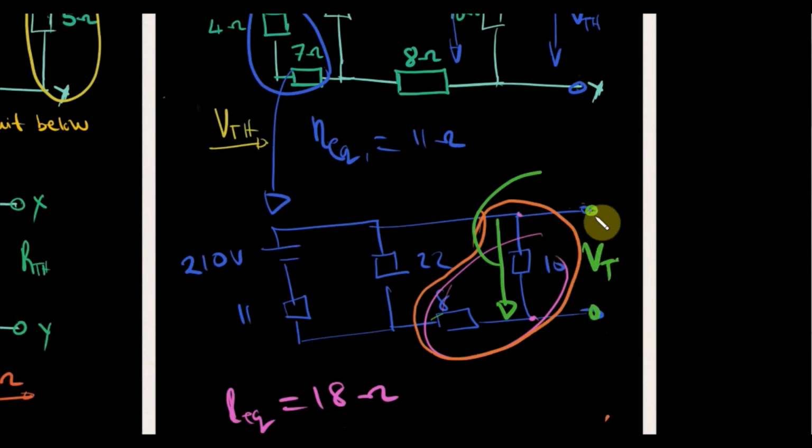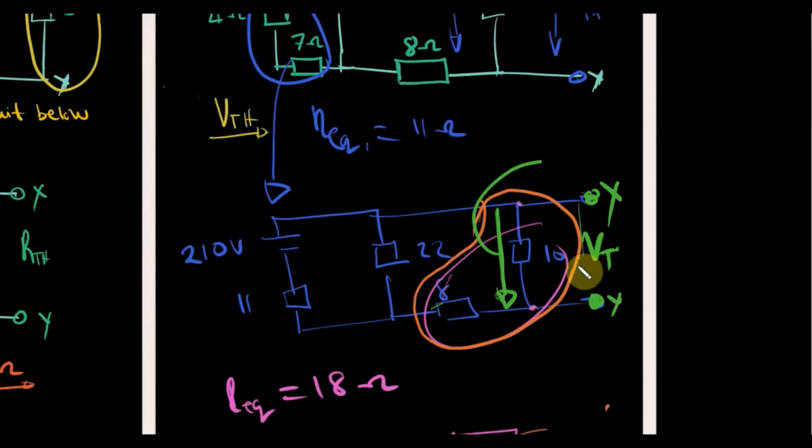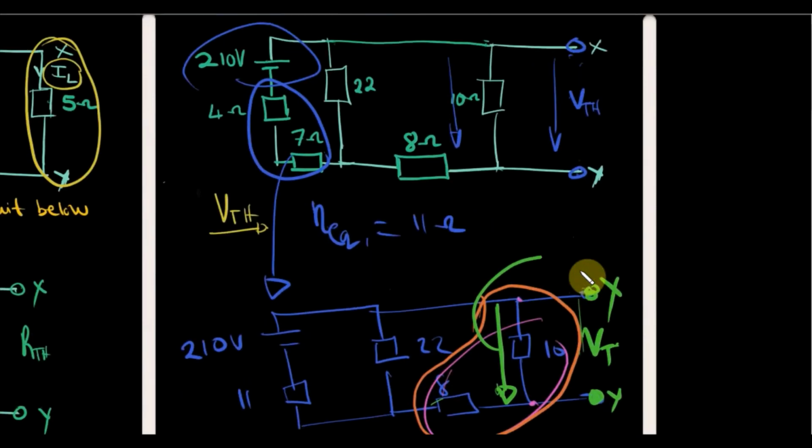So what I'll measure with my voltmeter or my multimeter across this terminal XY would be the same voltage drop across the 10 ohm resistor. Another way to think of it, it's as if they are parallel to one another, so the voltage drop will be the same.